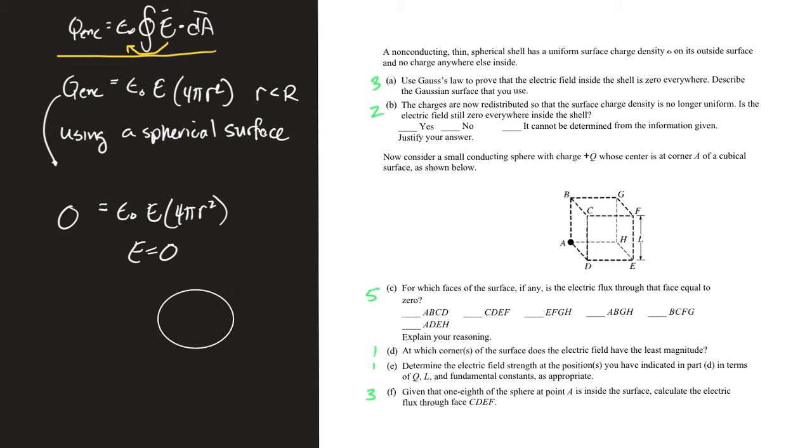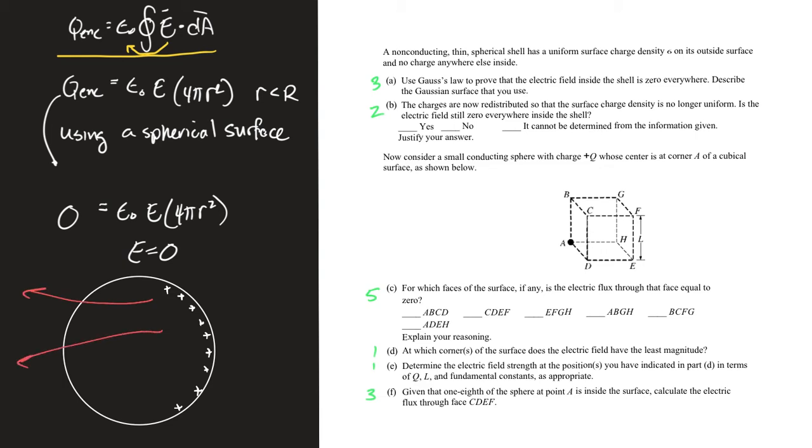Here's our shell, and we distribute the charge so that all the positive charge density is on one side and none is on the other. So we just move all the charges there. No matter what, this is going to produce some kind of electric field in this direction. Probably this way too.